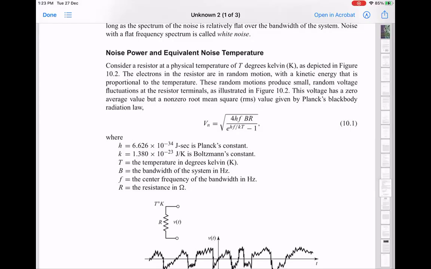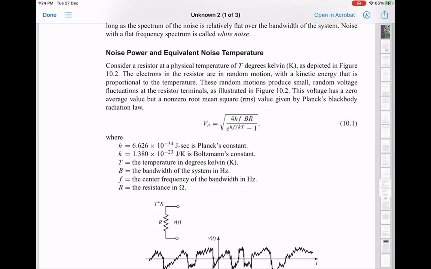If you now look at the total signal at the input and the output, something very strange happens. Here signal was S, noise was N. So signal to noise ratio was S over N. At the output, signal is now G times S, noise is G times N plus N add.